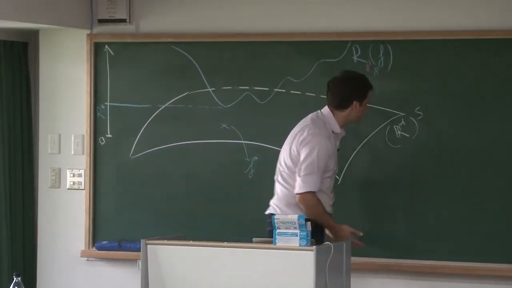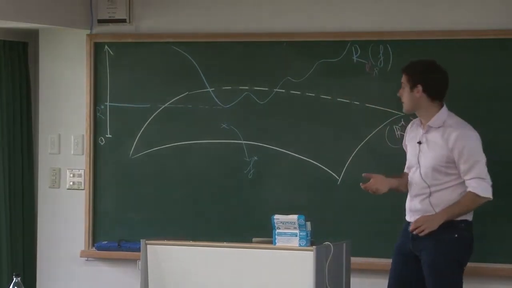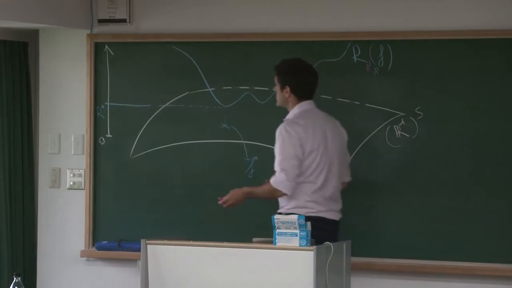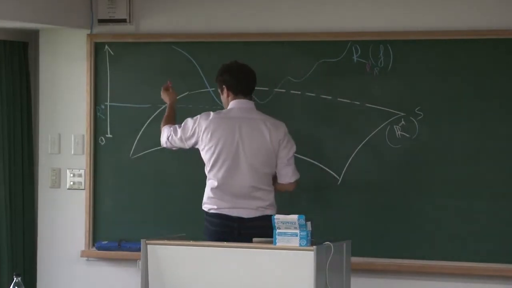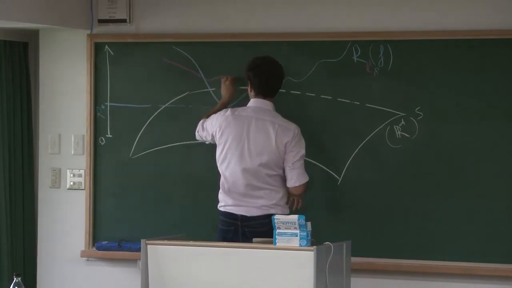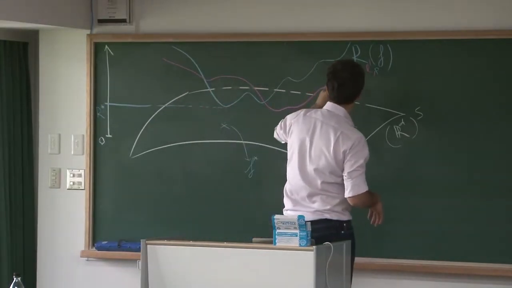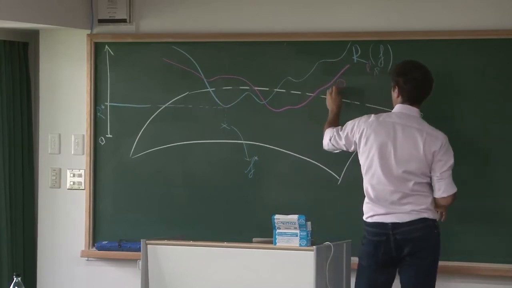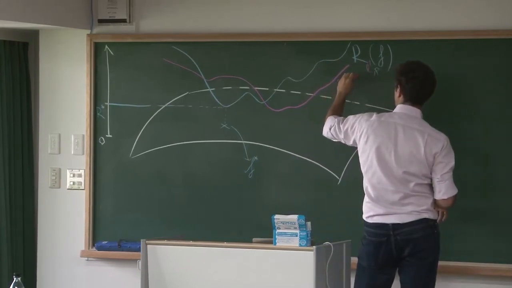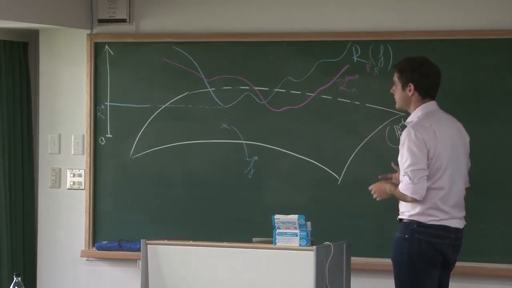So what happens in practice is you never see this blue curve. What you see instead is a function which is called the empirical risk, and which depends on n points.